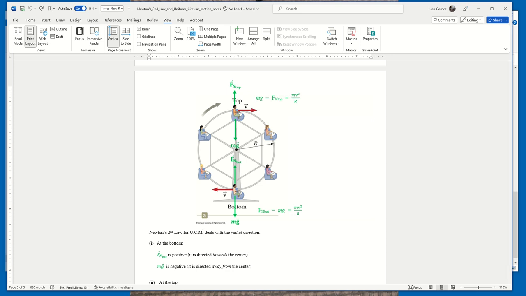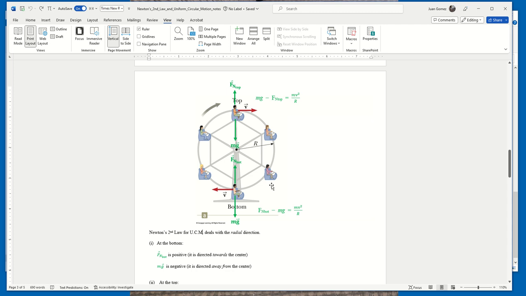Remember, we have to think radial direction now. Anything towards the center is positive. That's why when we're at the bottom, the normal force bottom is positive, so Fn bottom minus mg equals mv squared over r. Then when you're at the top, mg minus Fn top equals mv squared over r.